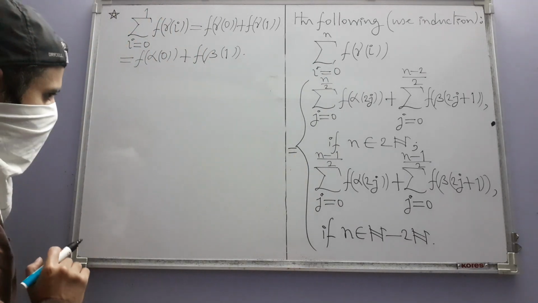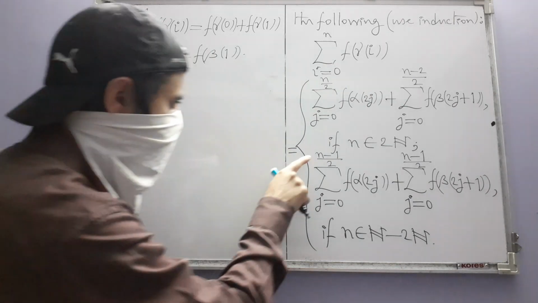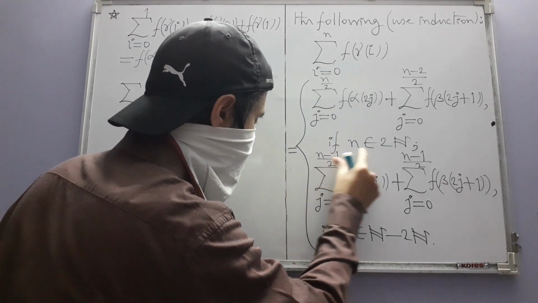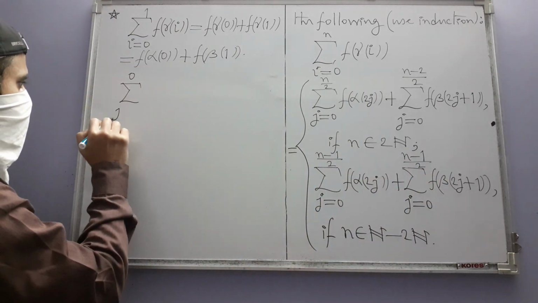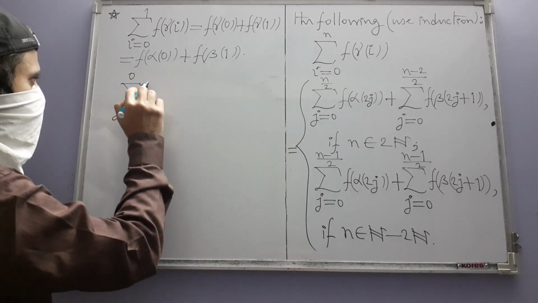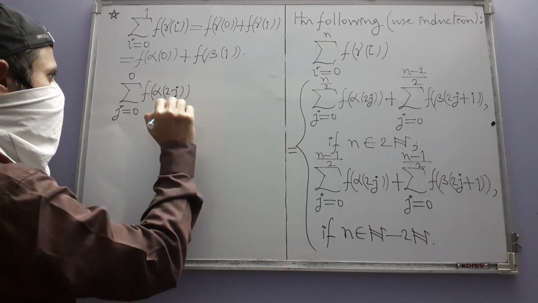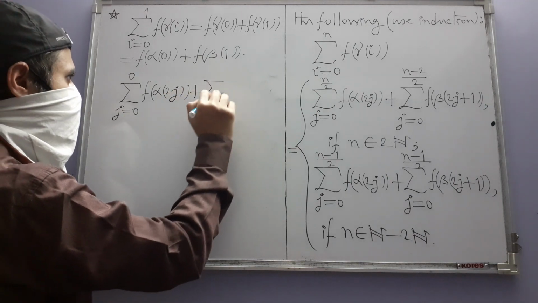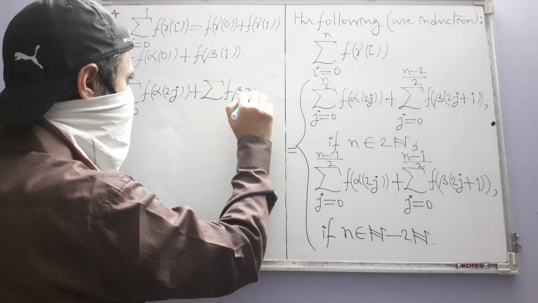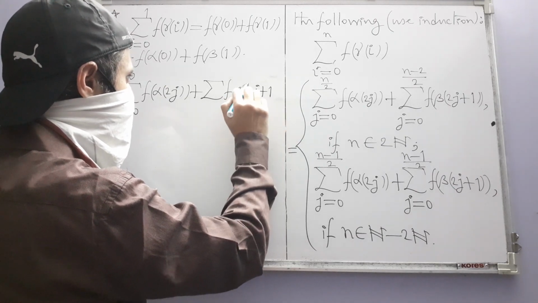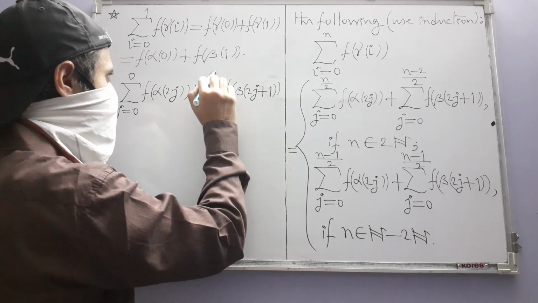Now according to this claim, this part of the formula should be true. So let's see what we get here. If n is 1, then this is 0, this is also 0. Then f of beta of 2j plus 1, where j varies from 0 to 0.